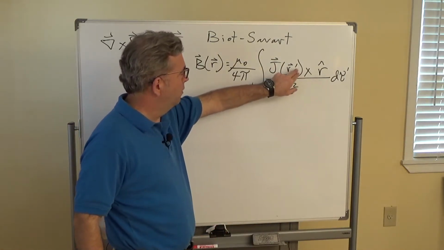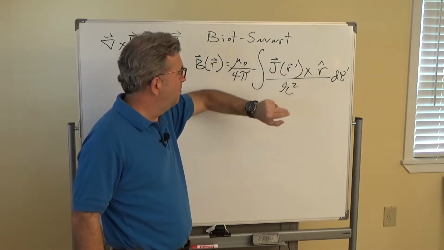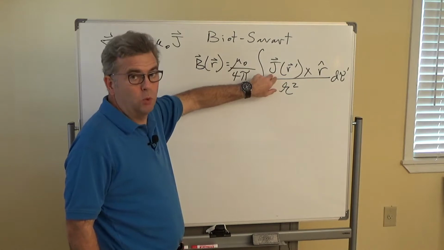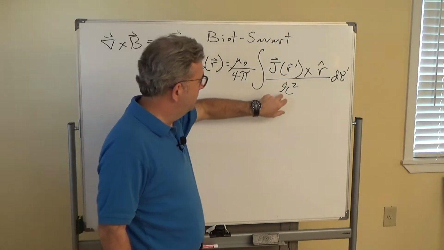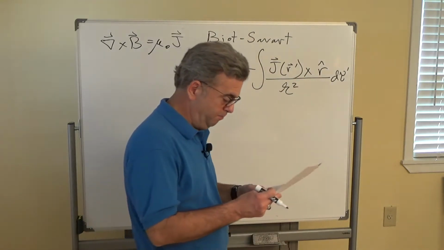Remember that we're integrating over the prime coordinates. So this R prime in the current density is related to the source. We're integrating over the source. This and this are related to the field.